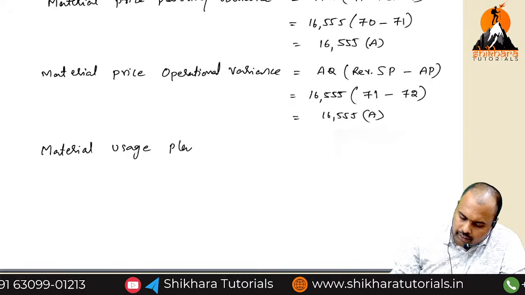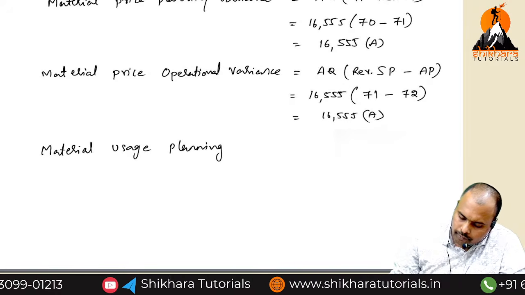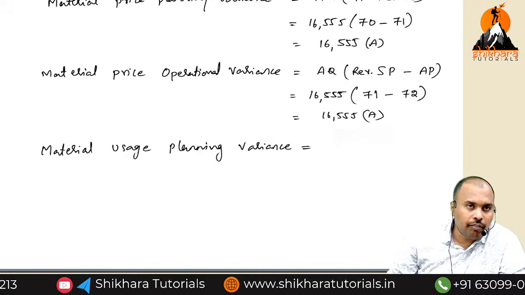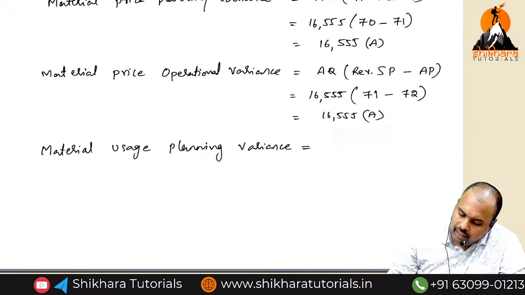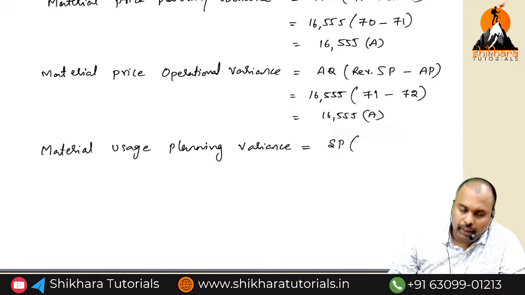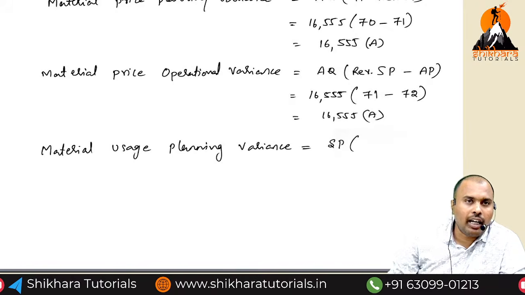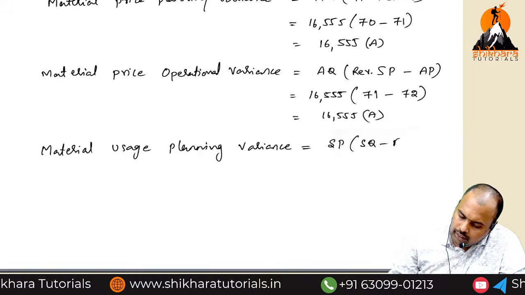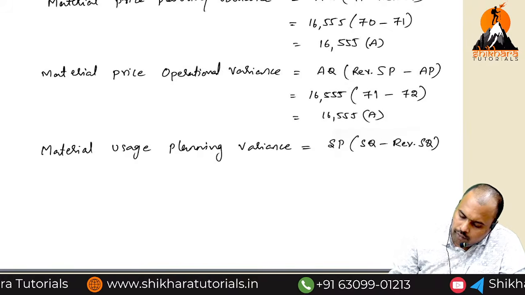Next, material usage planning variance. What is the regular formula? Standard price into standard quantity minus actual quantity. In the place of actual quantity, I'm supposed to take revised standard quantity.